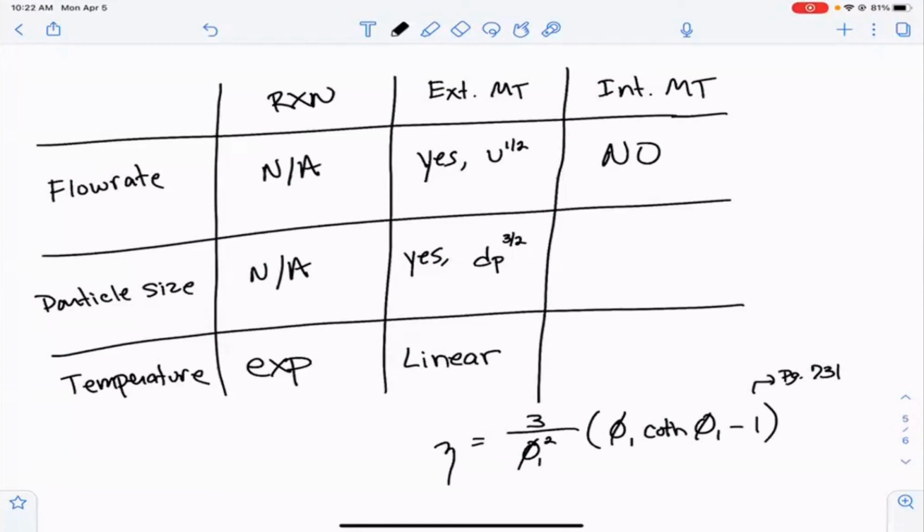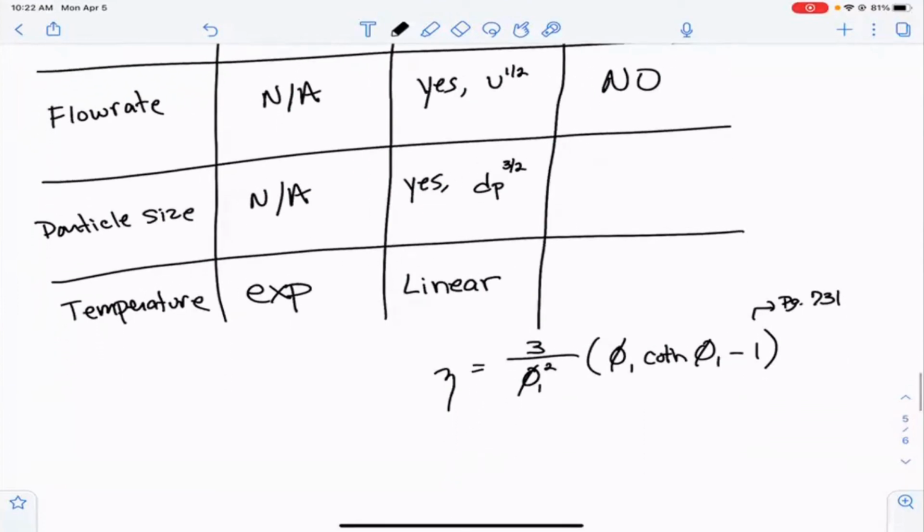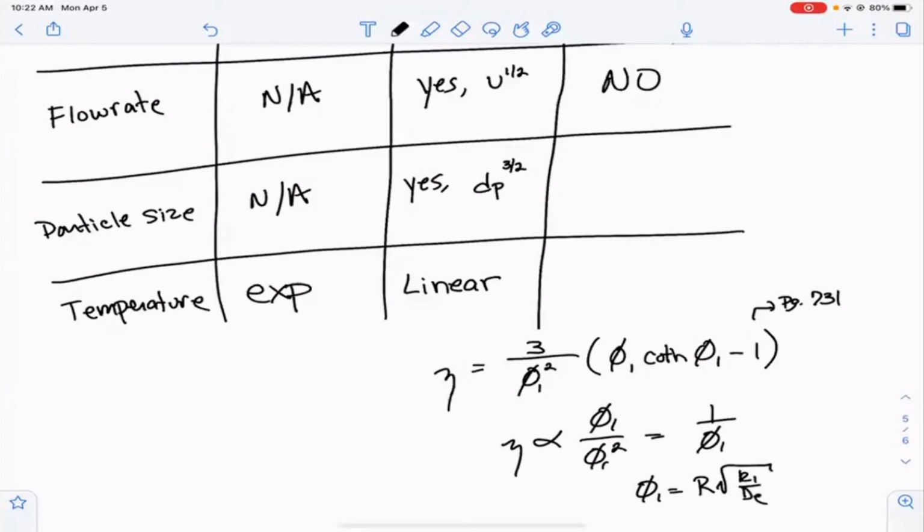So let's say that this is fairly large and this goes away. Essentially what that means is that the effectiveness factor is proportional to the Thiele modulus over the Thiele modulus squared, or 1 over the Thiele modulus, right? And we know from our discussion last time that the Thiele modulus is equal to R times the square root of K1 over the effective diffusivity.